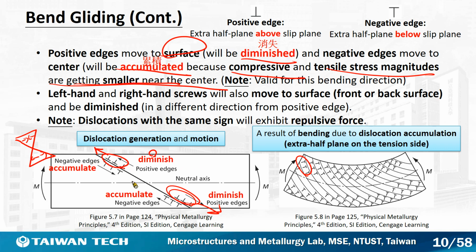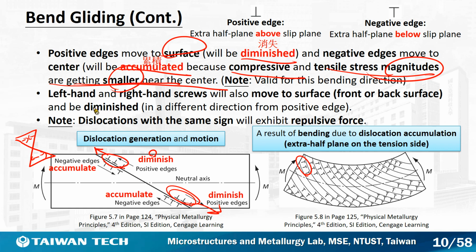So when you go to the center, it will experience net zero stress. So when it goes in, the magnitude of the stress will get smaller. Eventually, they will accumulate near the centers.